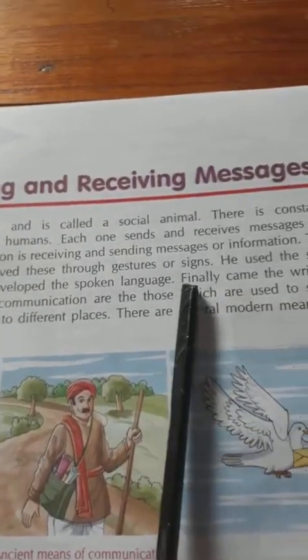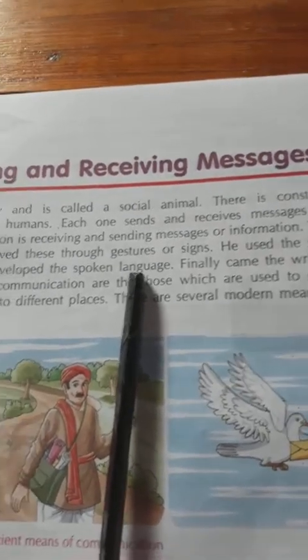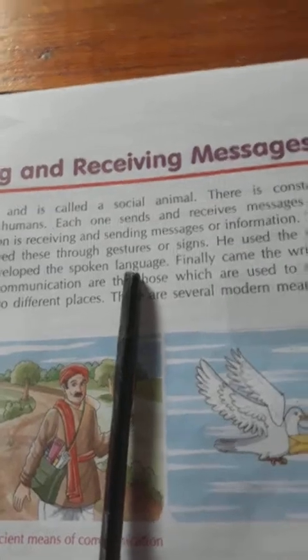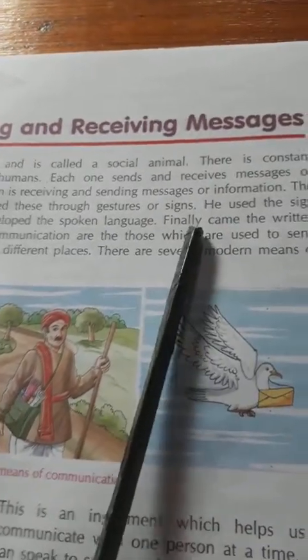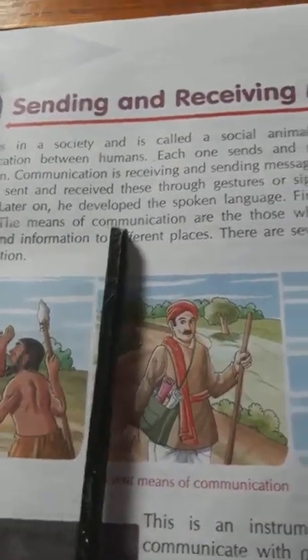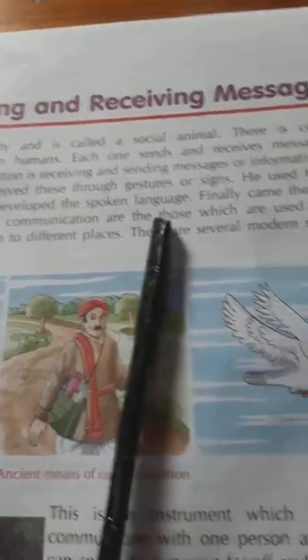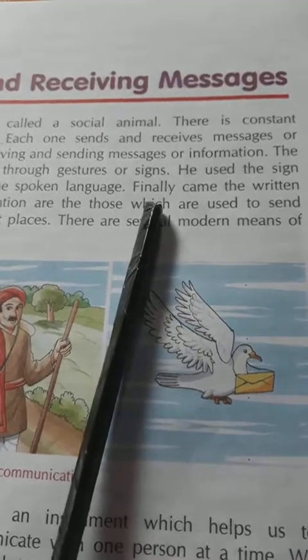Sign means symbols and all, and gesture means by their ideas, by thinking, by gazing, and through that they communicate. Okay, and after that, slowly he started to use the sign as a language, and later on he also developed the spoken language to talk. Okay, and finally the last part is through written language.